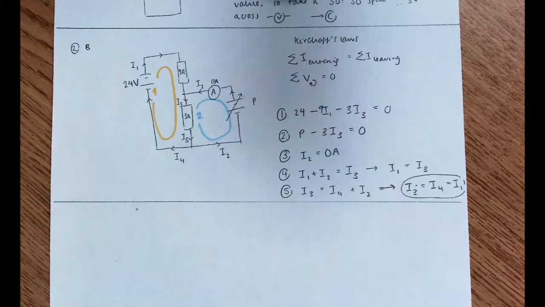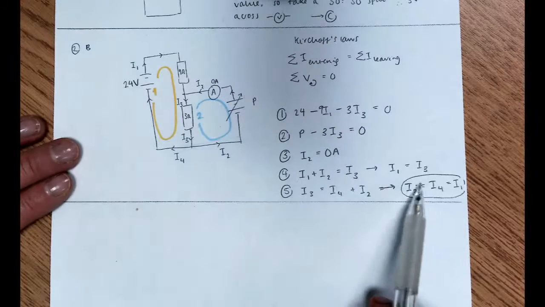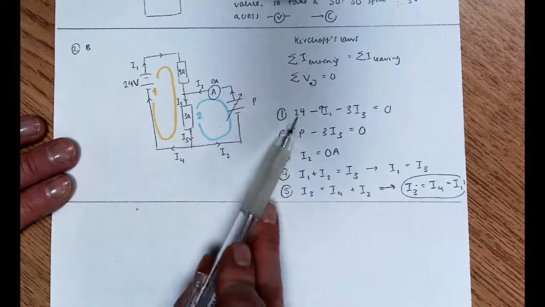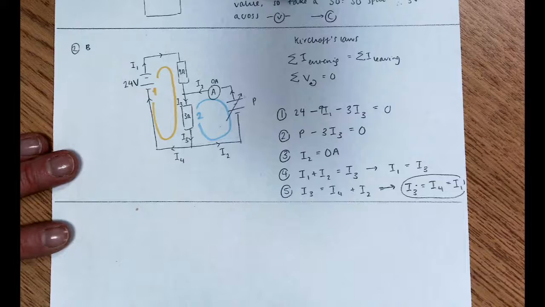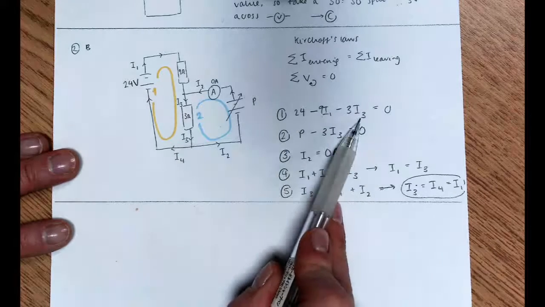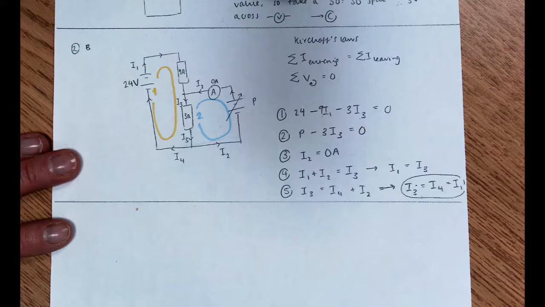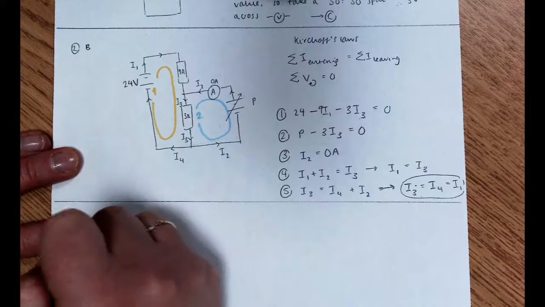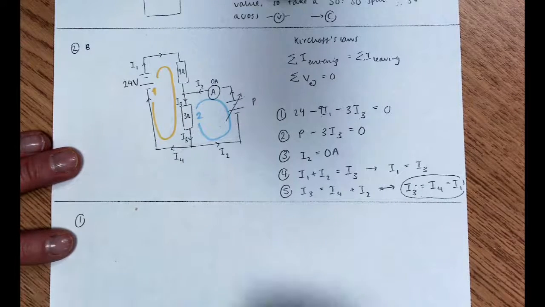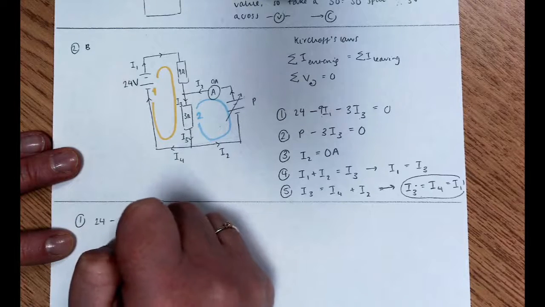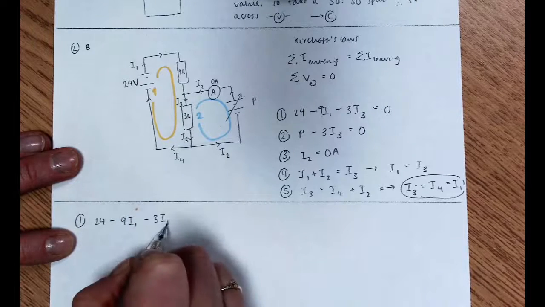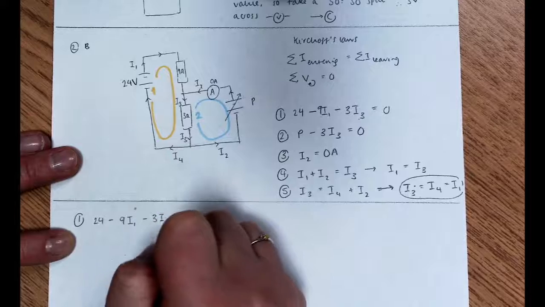Okay, so I'm going to take what I've just learned here and substitute it into one of my previous equations. If I1 and I3 are equal, which we now know they are from the laws, I can restate equation 1 as 24 minus 9I1 minus 3I1, because I3 is I1, equals 0.